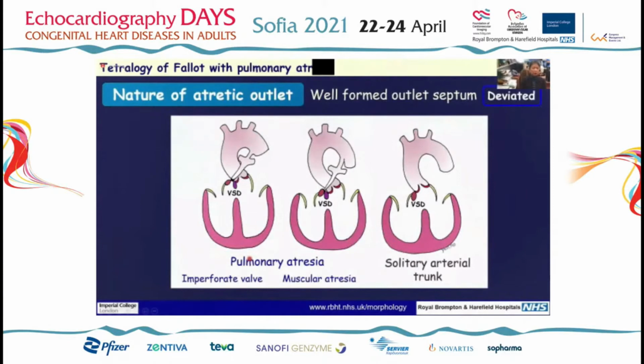So we have two forms of pulmonary atresia: with imperforate valve, or muscular atresia where there's no remnant or sign of a valve at all, and less common in this situation is a solitary arterial trunk where there's no evidence whatsoever of intrapericardial pulmonary arteries.